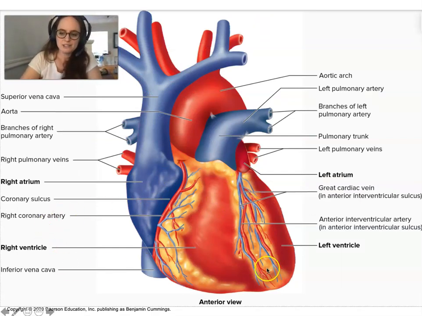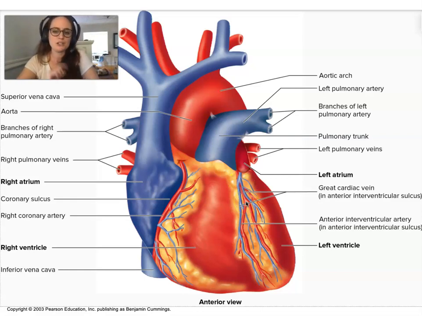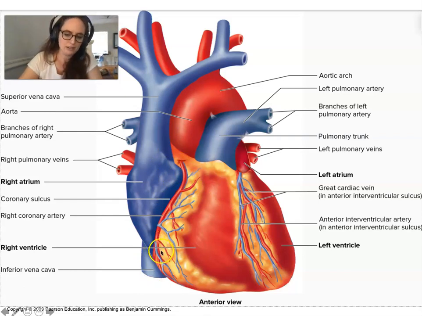So you have the anterior interventricular sulcus with an anterior interventricular artery. That thing in red right there is, in fact, the artery in this case. And that travels along with the great cardiac vein. These are branches of the left coronary artery, which is not labeled on here, and that's okay. What you do have labeled is the right coronary artery, which itself branches.